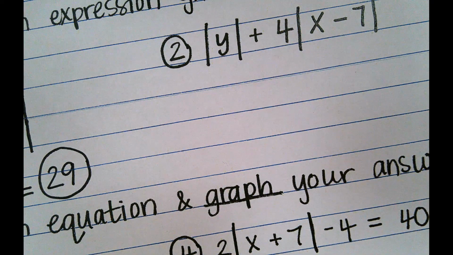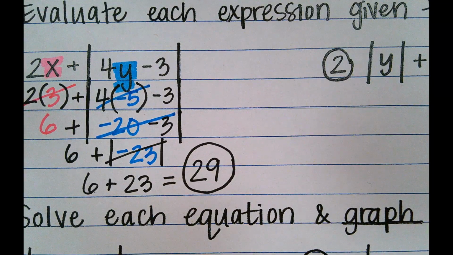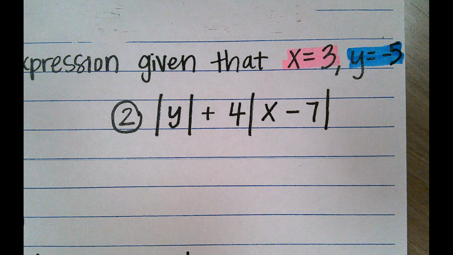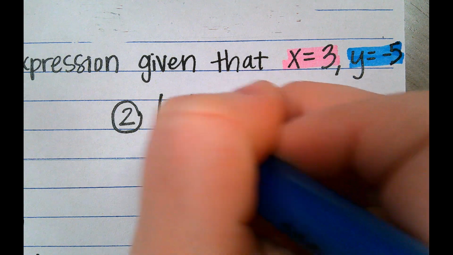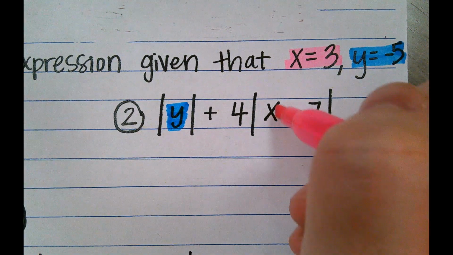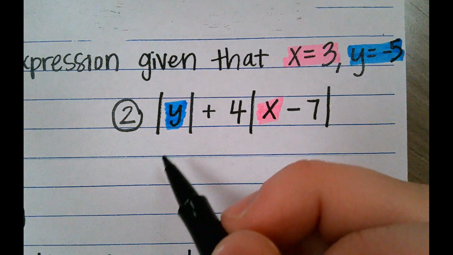All right, so let's look at number 2. Same thing, I've got my x is 3, my y is negative 5. I'm going to highlight those. I use blue for y, and another color for x. And what should I do here? Plug them in. So what am I writing?